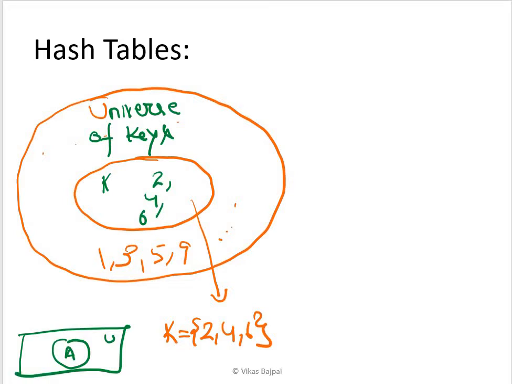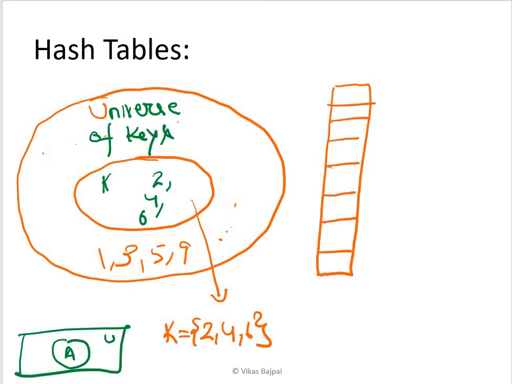So we have this particular table, which is nothing but a direct access, or maybe address, table. In most of the literature it is called address as well. In one of your courses it will also be called access, but let's use address, so you'll be more familiar with these terms.